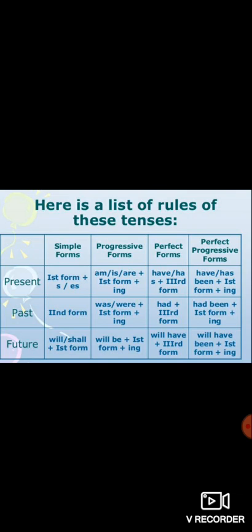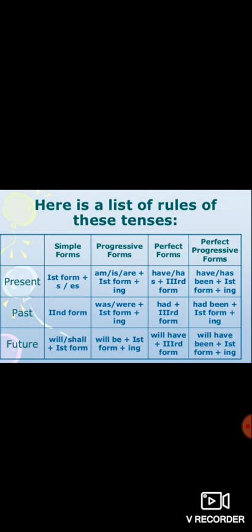Here, in the simple present we use the first form with S or ES, in the past simple the second form, and in the future simple will or shall with the first form. For the present progressive, that is present continuous, we use am, is, are with the first form plus ing.